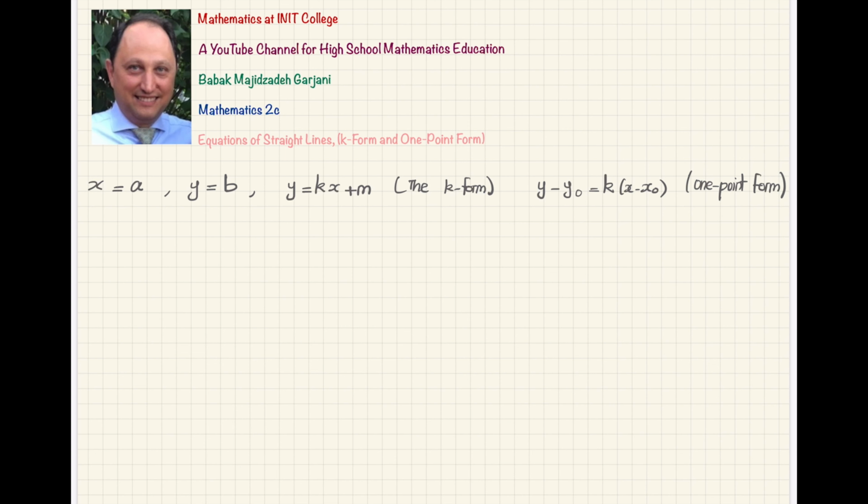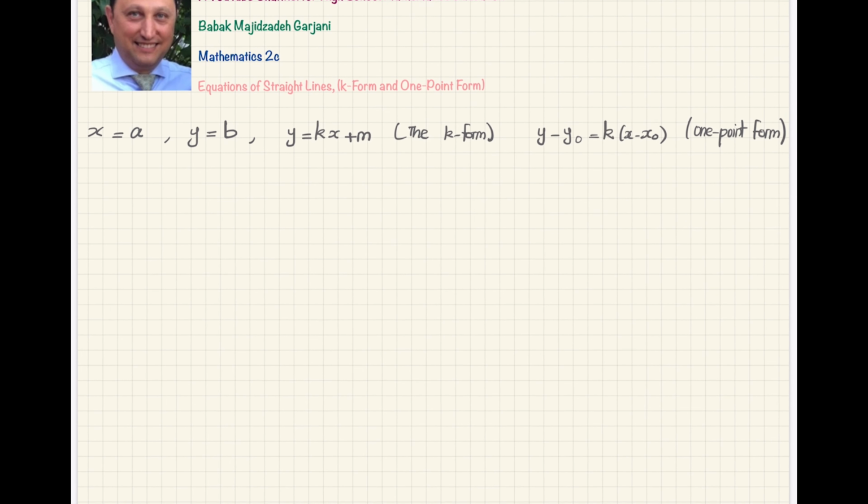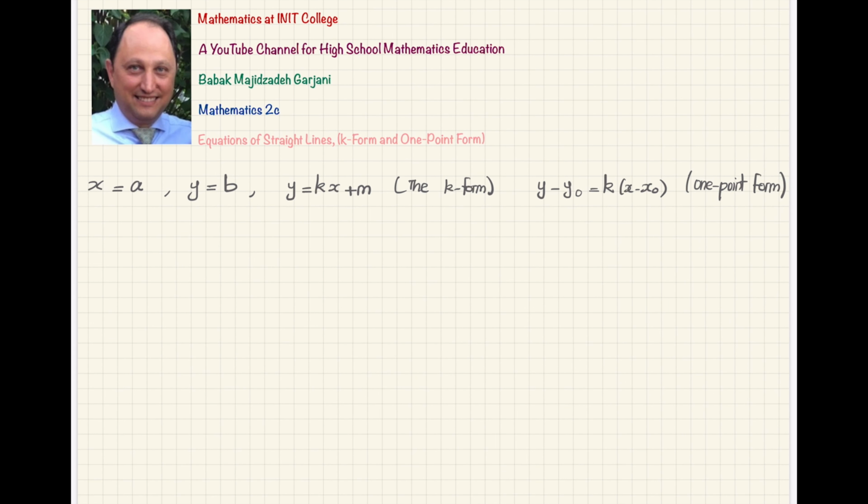So if you say that I have a line and its equation is this, this is not 100% correct, because this does not represent all possible lines. It represents all possible lines except vertical lines.